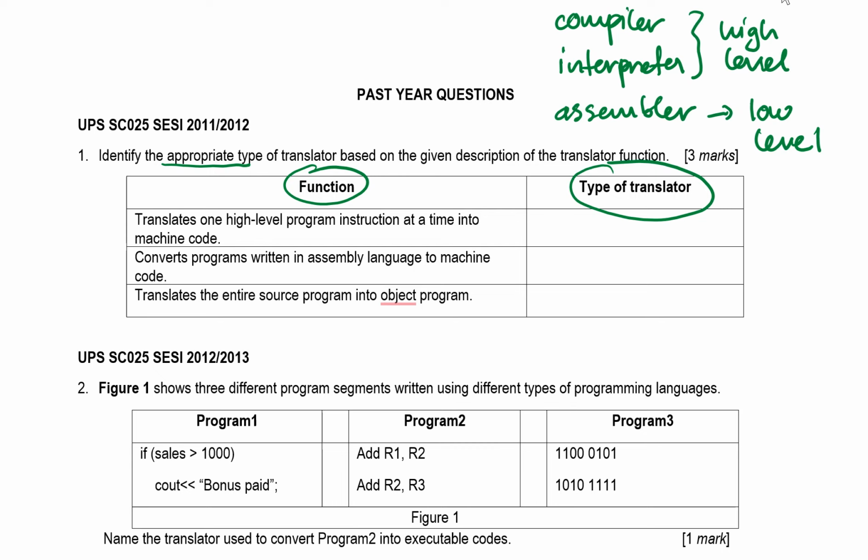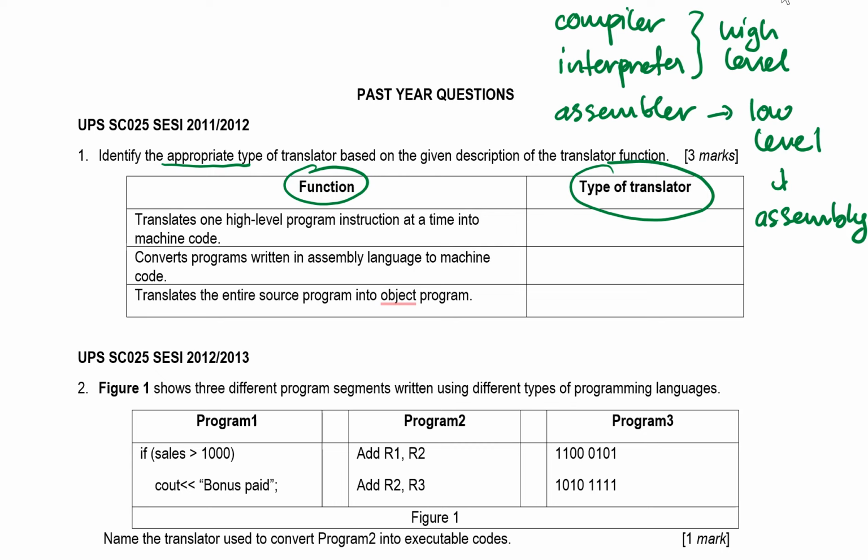The only language that uses an assembler as a translator is assembly language. For high level language, that is compiler and interpreter, you have so many languages, and you have to know which language uses compiler as a translator and which uses interpreter.